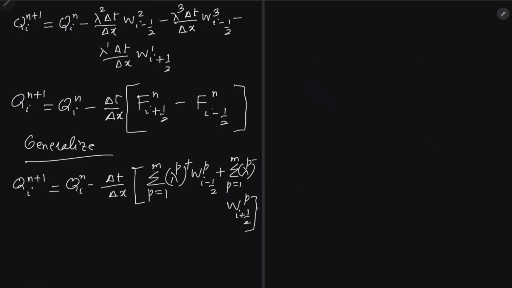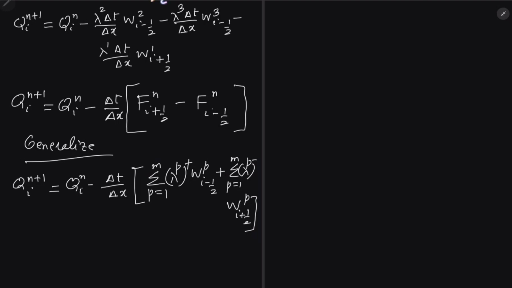Okay. So the negative wave, the wave which has negative speed from right to left, will be accommodated in this formula, and those which have positive speeds will be accommodated over here. So this is the final formula.